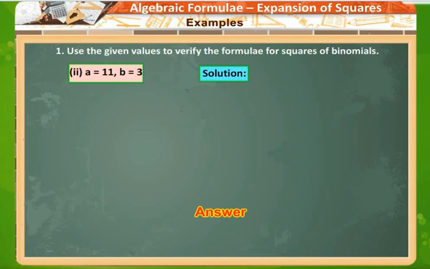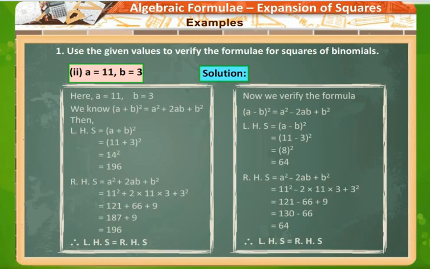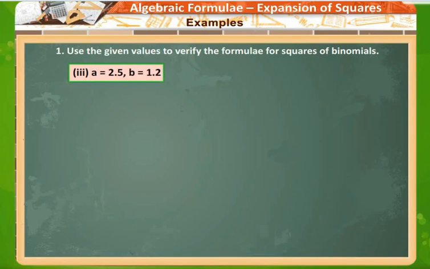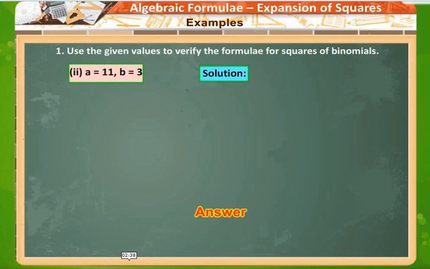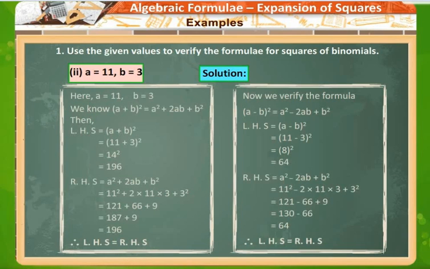We all know a plus b the whole square is equal to a square plus 2ab plus b square. You can see the values now. We have changed the values and used them in the formula.